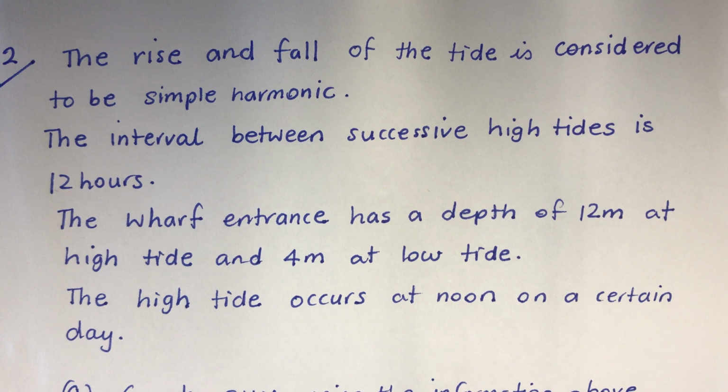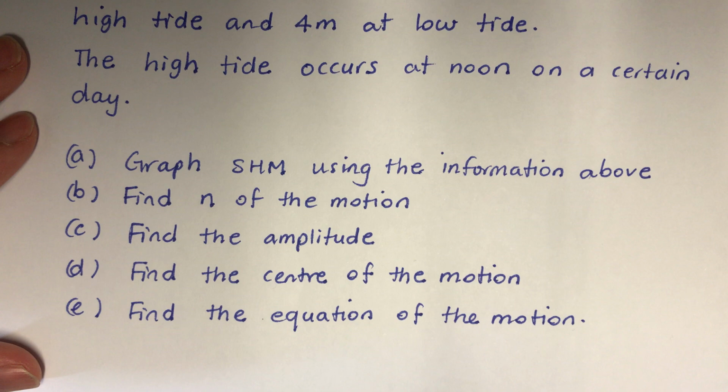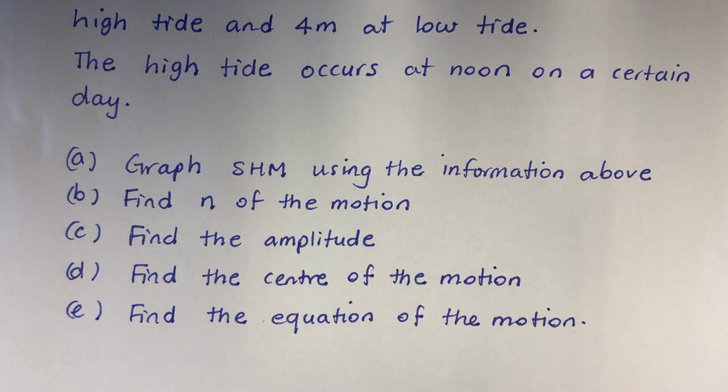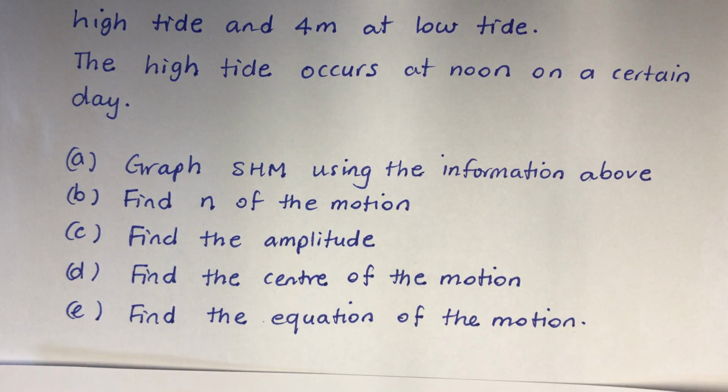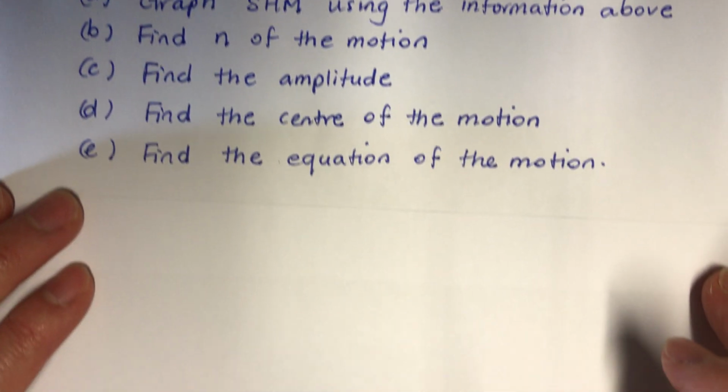The wharf entrance has a depth of 12 meters at high tide and 4 meters at low tide. High tide occurs at noon on a certain day, and there are some questions in there. There's one more. All right, so it goes A, B, C, D, E, F. So let's have a look at some of the questions now.